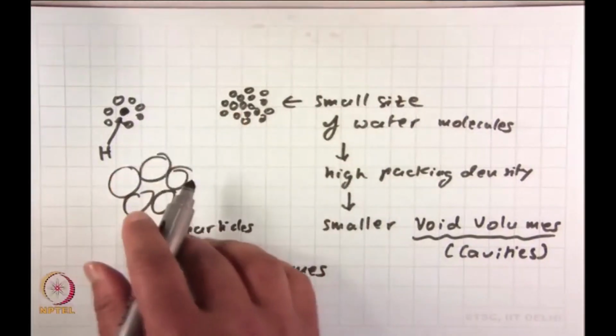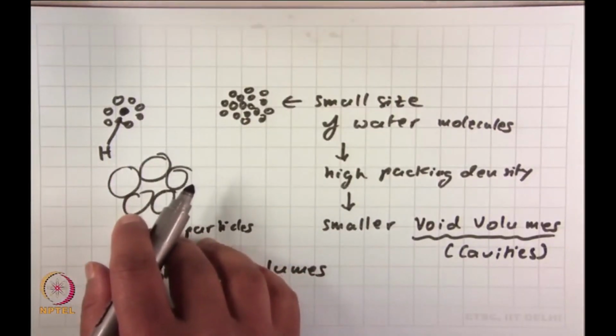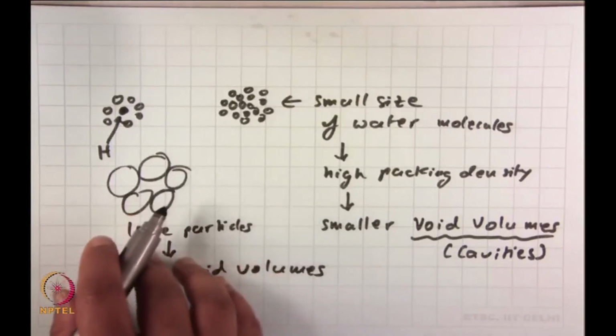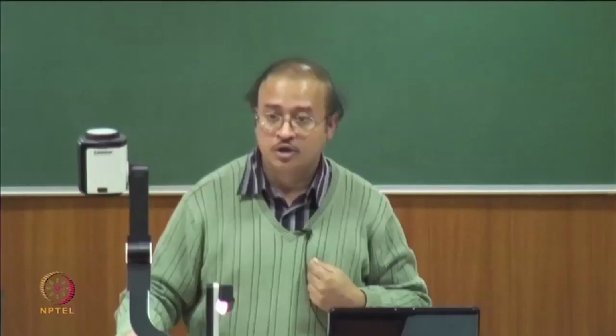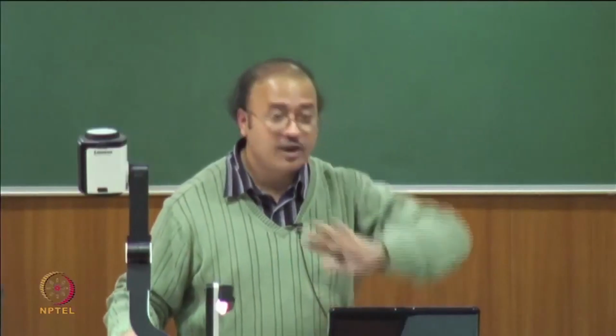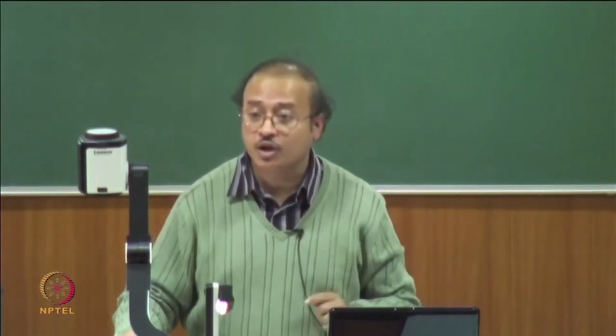Now, when the cavity was not there for the hydrophobic molecule, what did you have? You essentially had water molecules out there. So, for example, if you are standing there, and if I go and try to occupy your place or your space, I will not be able to, because that volume is excluded to me. The only way I can do it is if I push you out of there. The same thing has to be done by the hydrophobic molecule.